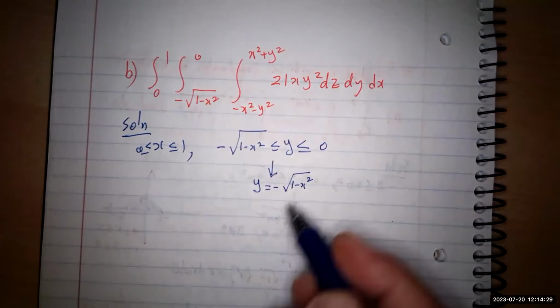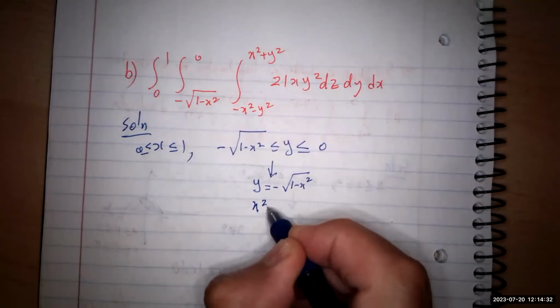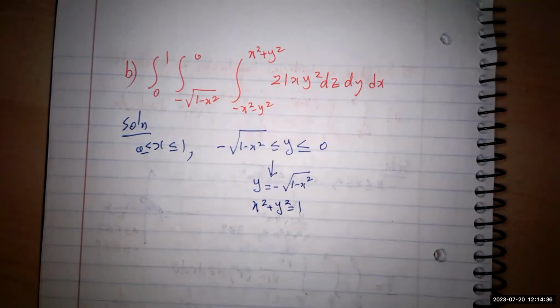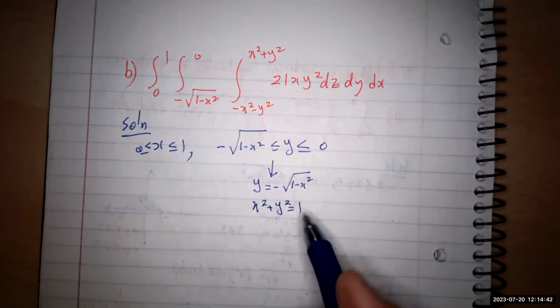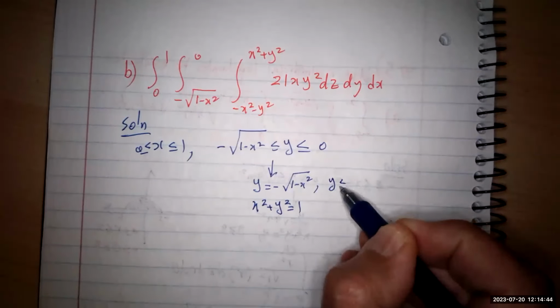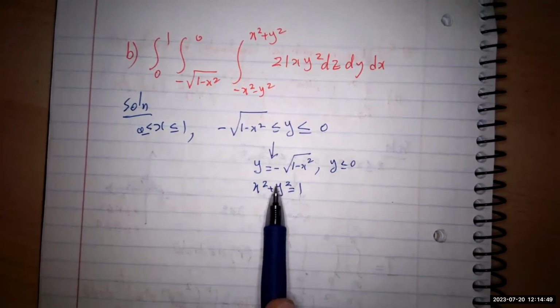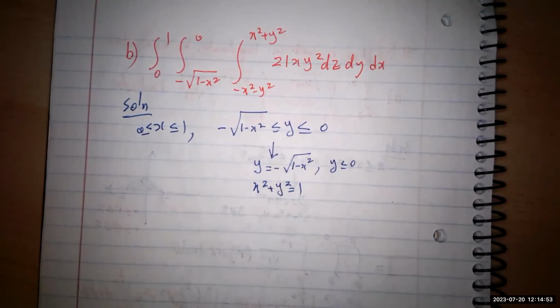And as usual, square it, move it to the other side. That gives you your unit circle. Then check which part of this unit circle you are interested in. Remember y is negative. So this means you are interested in the semicircle, but this is going to be the bottom part, not the top part.